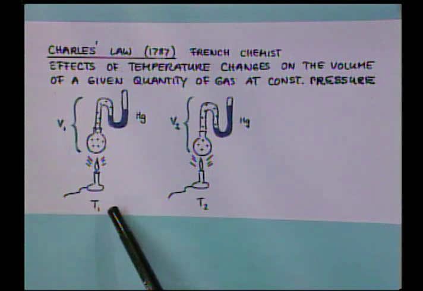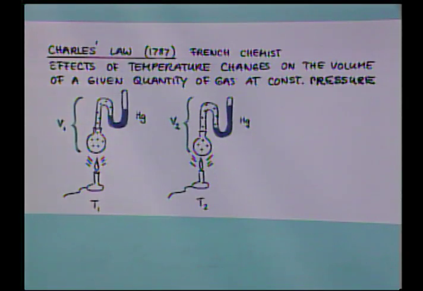And here we have our container, so the gas can move about in this container and the tubing. So when we increase the temperature, the gas will move more violently, as you know, the kinetic energy increases, the velocity vectors increase, the gas wants to move out and occupy whatever space it has available.